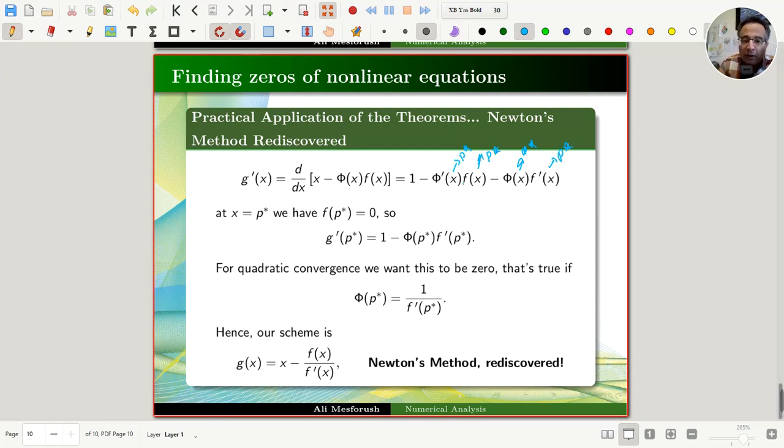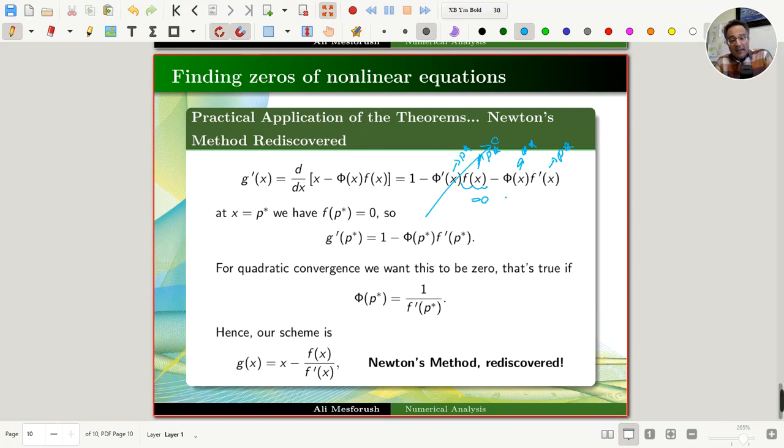We know that f of p star is equal to 0, so all of these terms will vanish. So we have just 1 minus phi of p star times f prime of p star.